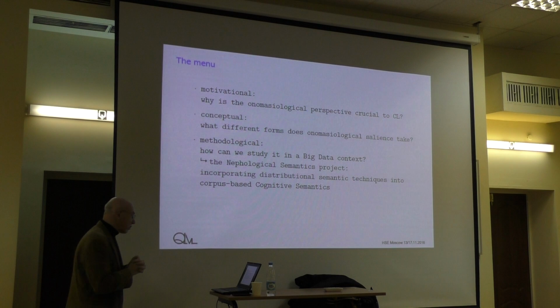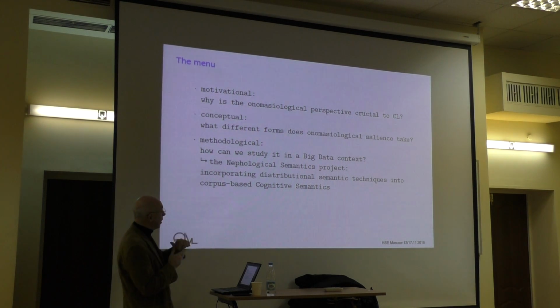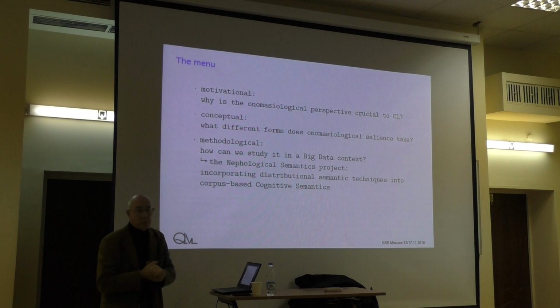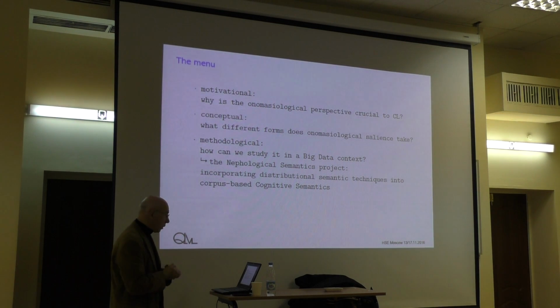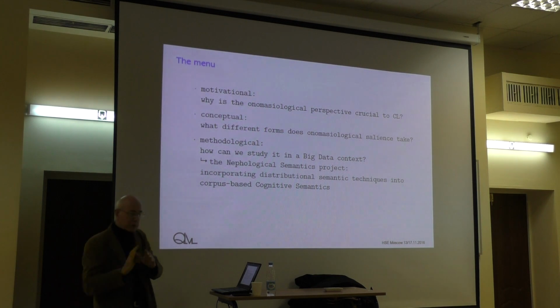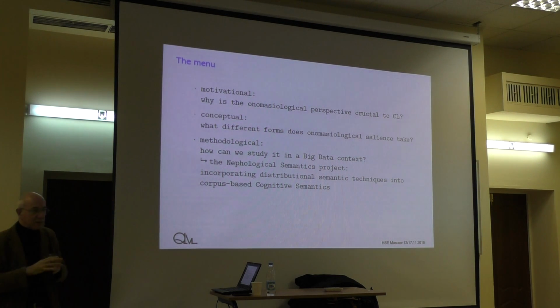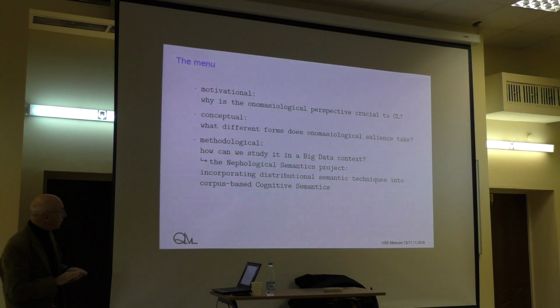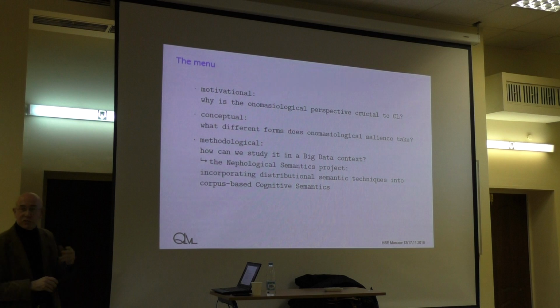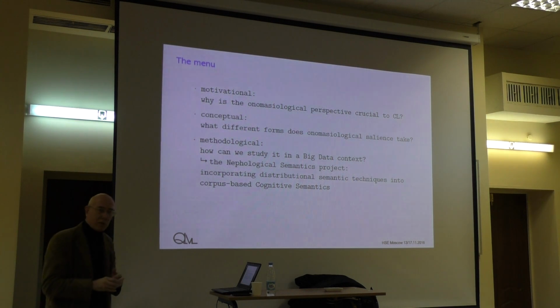So one question could be, how can you deal with onomasiological variation in a big data environment? But from the perspective of this set of lectures, that's only a side topic. That's not so crucial. But it does give me the opportunity to introduce the project that we're working on at the moment. And it's called Nephological Semantics.